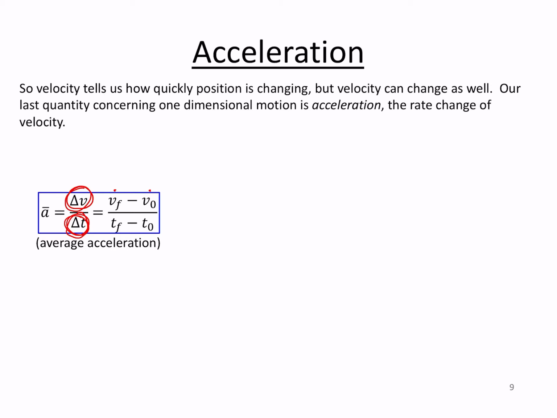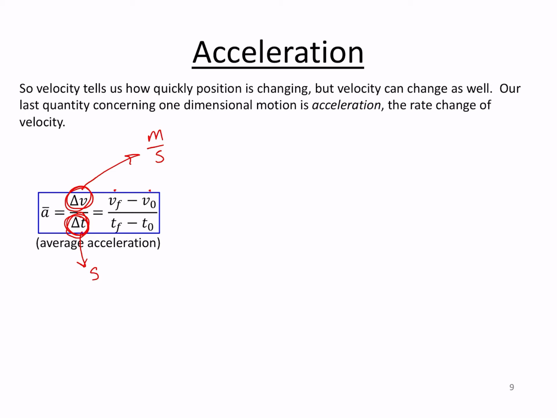And so if we look at the quantities in the numerator and denominator here, all the things in the numerator are measured in meters per second, and all the things in the denominator are measured in seconds.